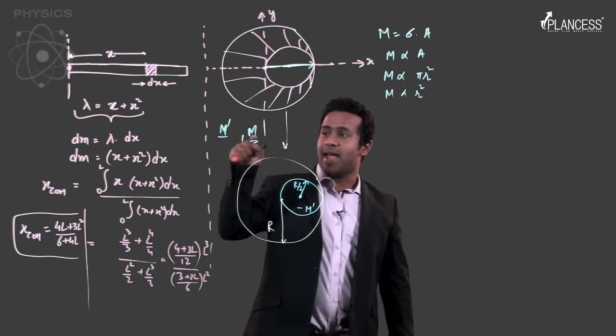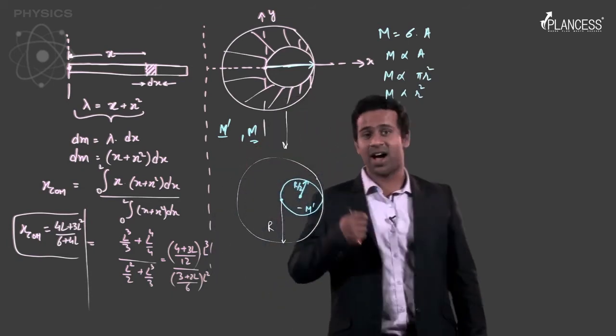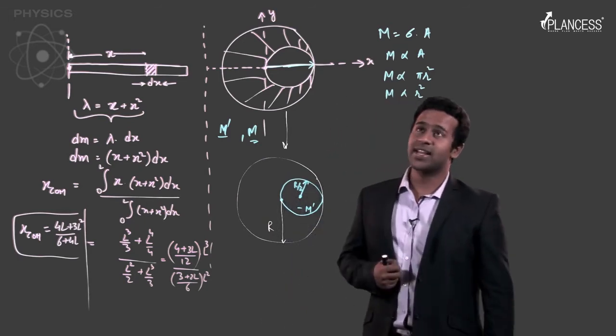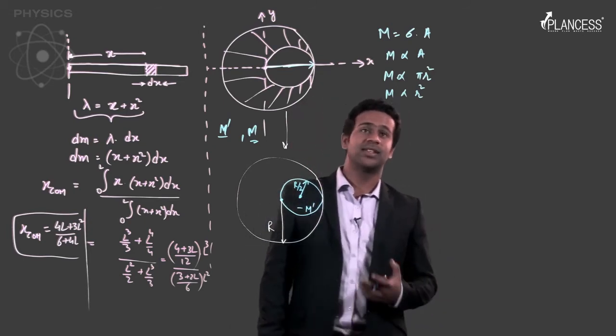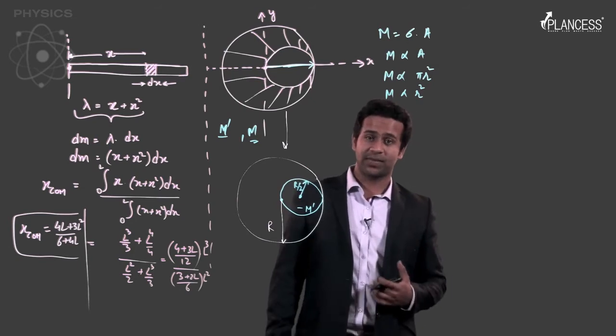Now, m dash, which corresponds to this disk, has radius half the radius of the original disk. So if the radius gets halved, we can say the mass will become 1/4, since m is proportional to the square of the radius, right?